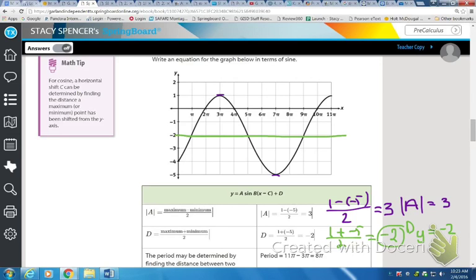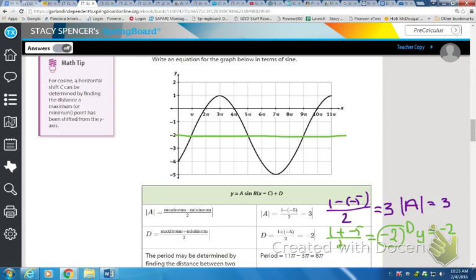Now we're going to look at the period. Okay? The way we find our period is we find either 2 consecutive max, or 2 consecutive mins. And we're going to find the distance between them. So when we're looking at this, I'm going to erase those real quick.